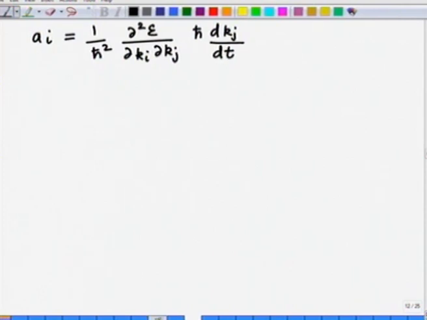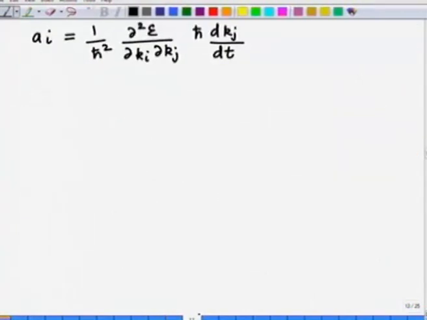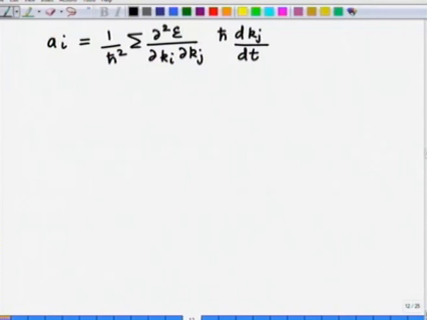In this I have made this square, I have made this h square, and I have introduced an h right here. So that's fine. That's the only difference I've made. Therefore, I'm going to write this, and of course there is a summation over j, like you can see here.